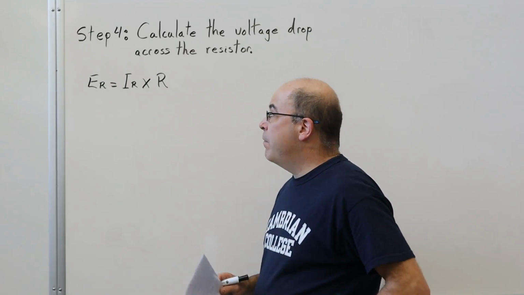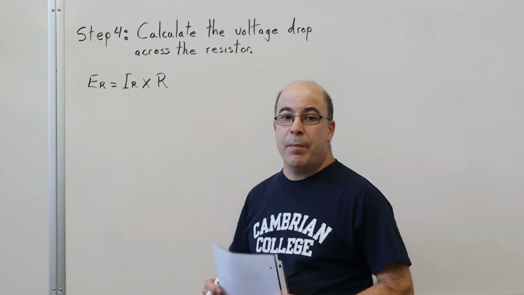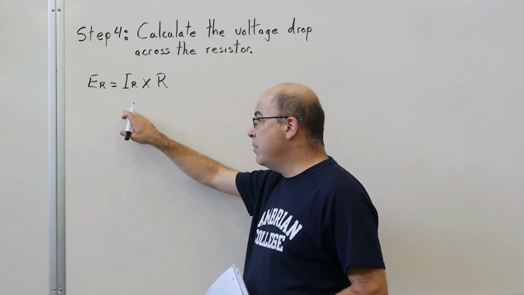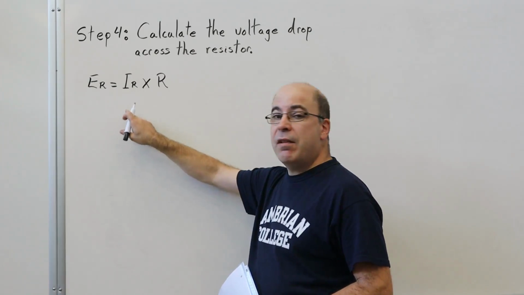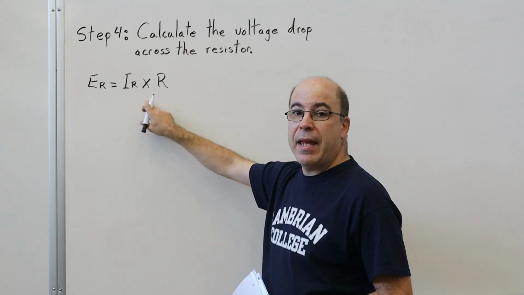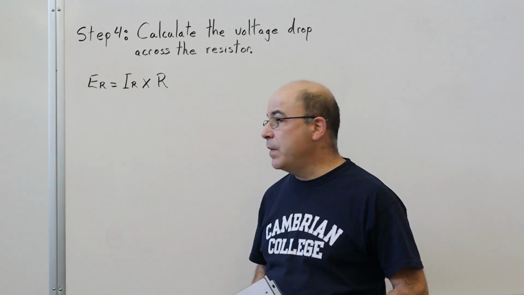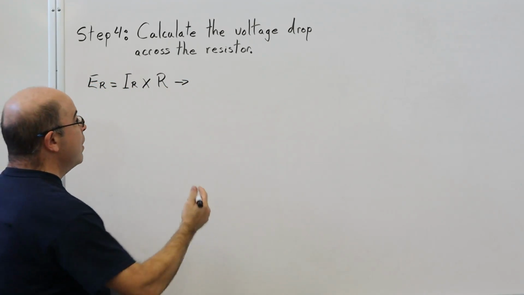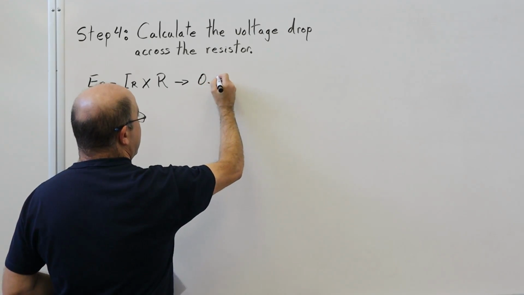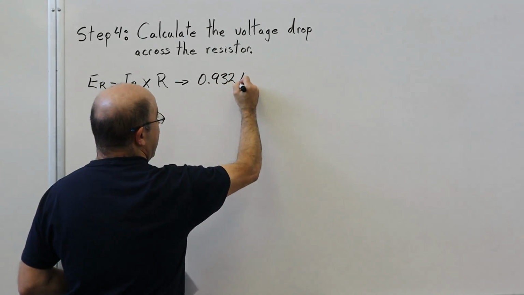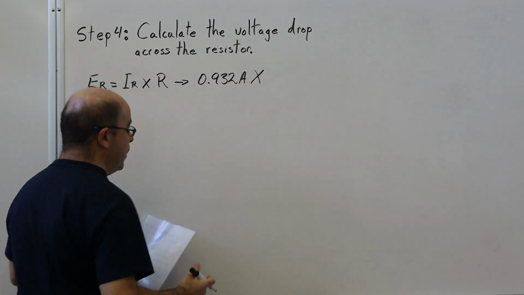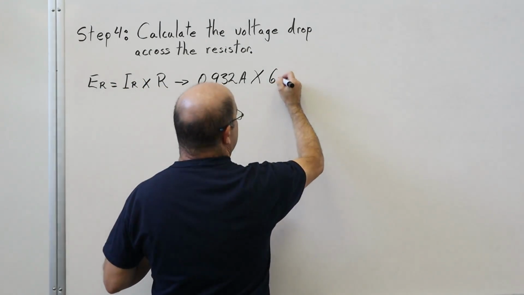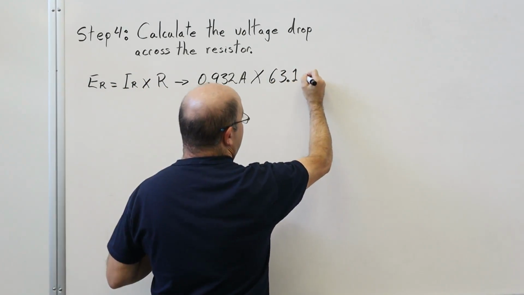Here we are at step 4, calculating the voltage drop across the resistor. We're using simply Ohm's law, where we're going to find the voltage drop by taking the value of current and multiplying that by the value of resistance. Our current was calculated at 0.932 amperes multiplied by the value of resistance, in this case 63.1 ohms.